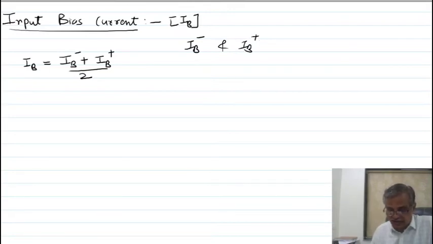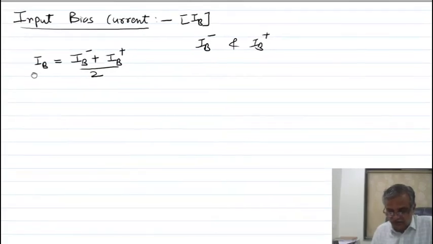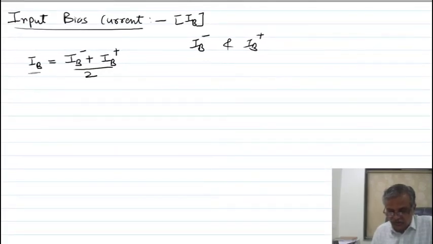Manufacturers give the average value of this current, called the bias current IB. IB minus and IB plus are not equal due to some mismatch at the input transistors.